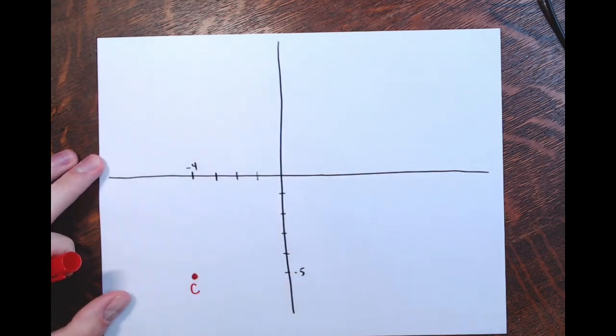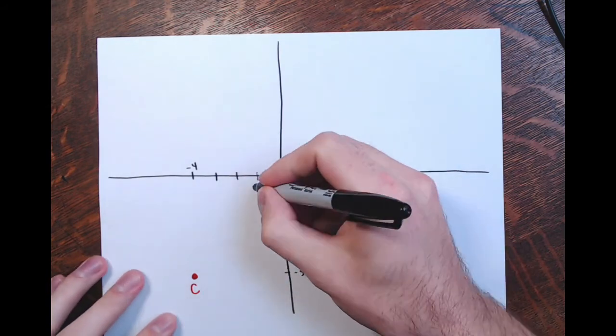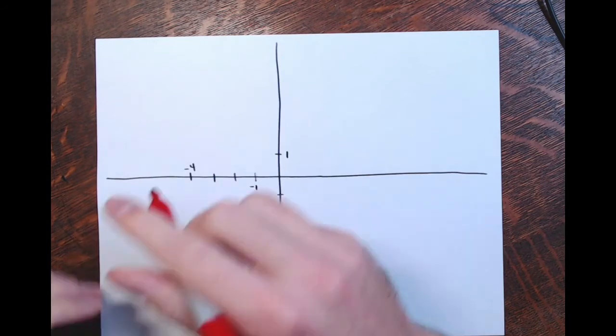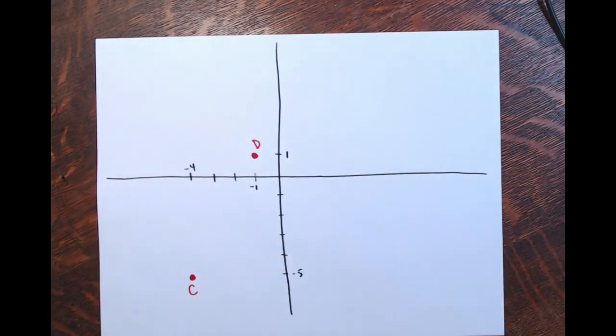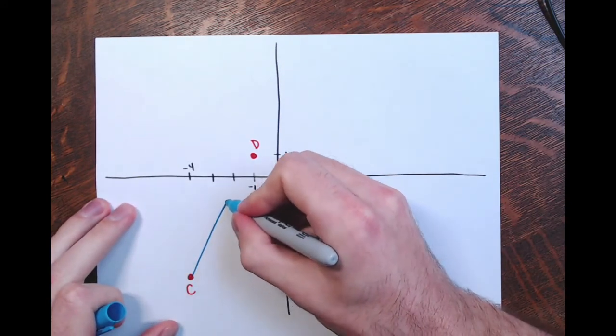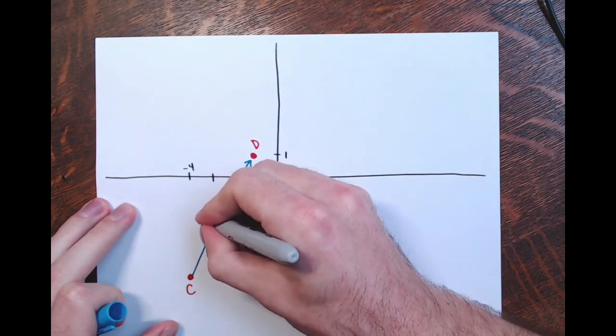Then the terminal point, where we're going to end the motion, end the vector, is at -1, 1. So here's point D. And here's the vector from C to D, the motion. That arrow there, there's vector CD.